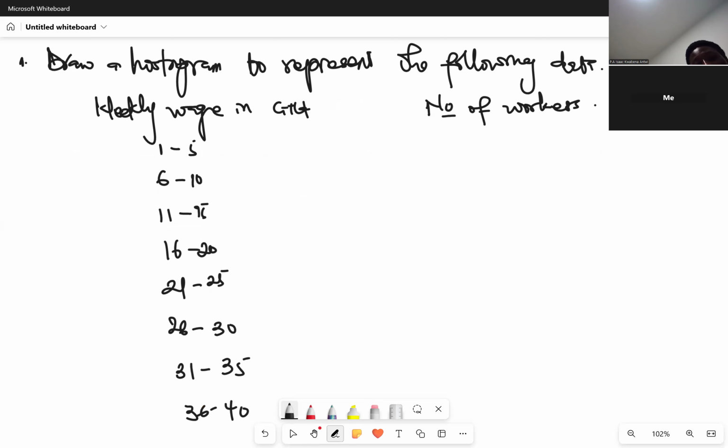I have changed the question, so if a part of it doesn't make sense, don't worry. It's just about you understanding how to create a histogram using class boundaries. That's all.